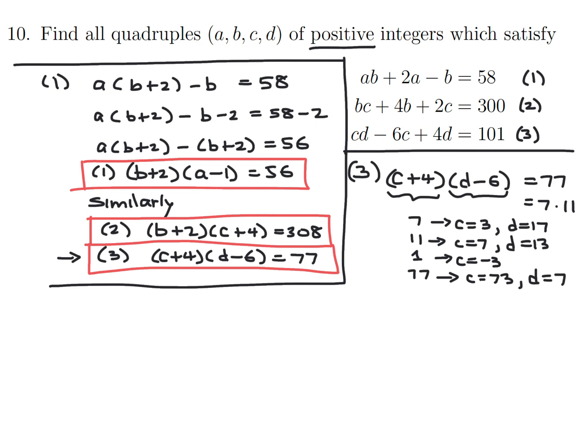So far we've got some pretty decent candidates. Now we have to figure out a and b. We can only use c equal to 3, 7, and 73, because the other one is invalid since it's negative.